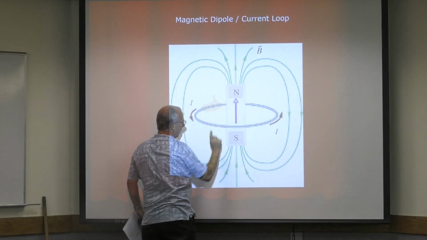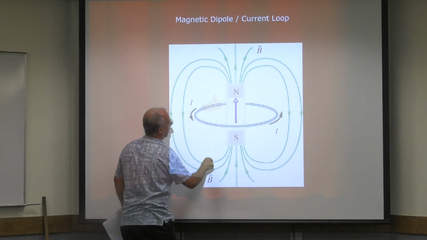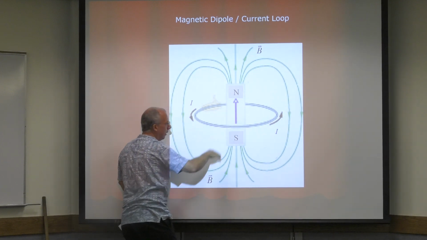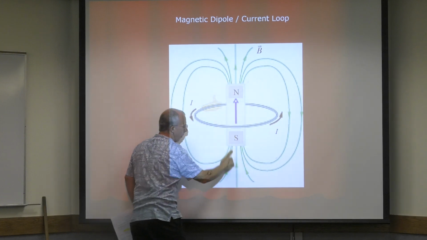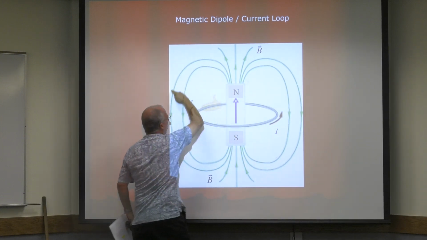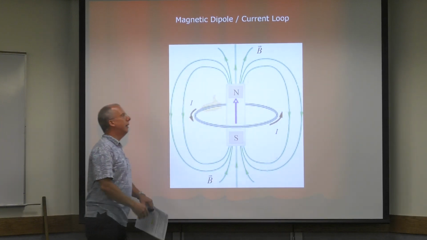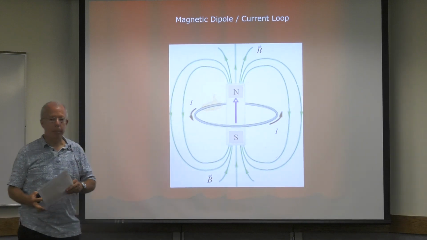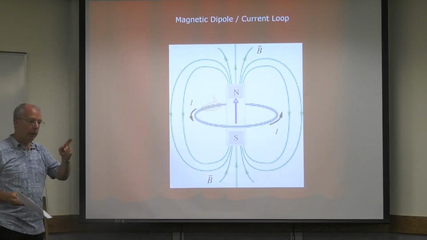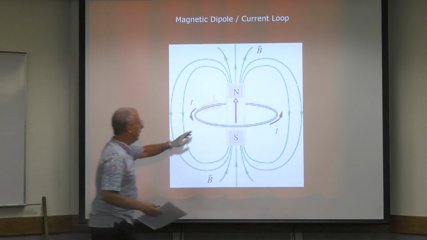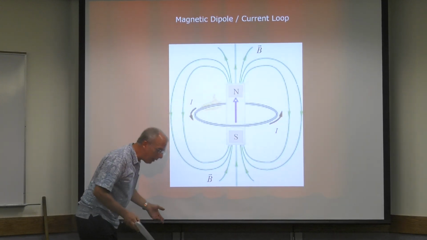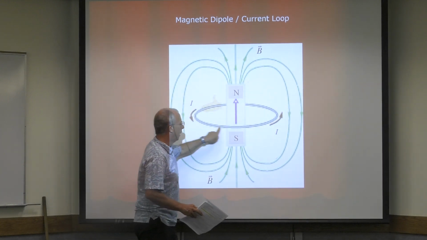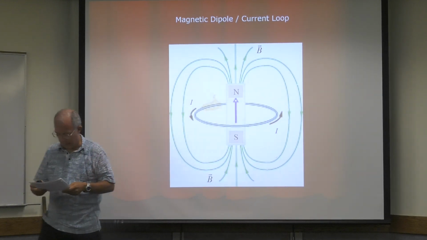North, south, because on the top of the plane formed by the circular wire, up, and the bottom up. And they form these closed loops, okay? So there you go. So you can either have a permanent magnet, just this thing here, a north and a south, or you can produce that with a circular piece of wire as long as you have a current going in it, right?